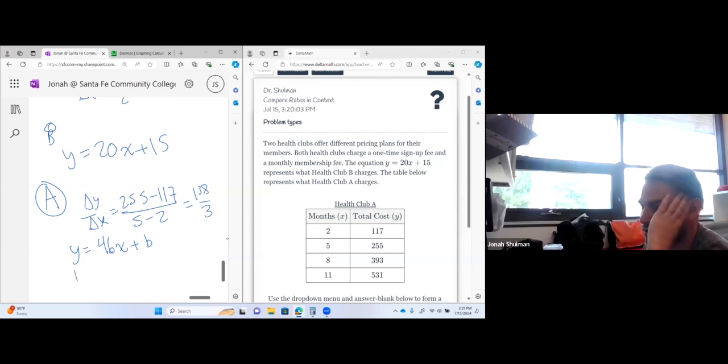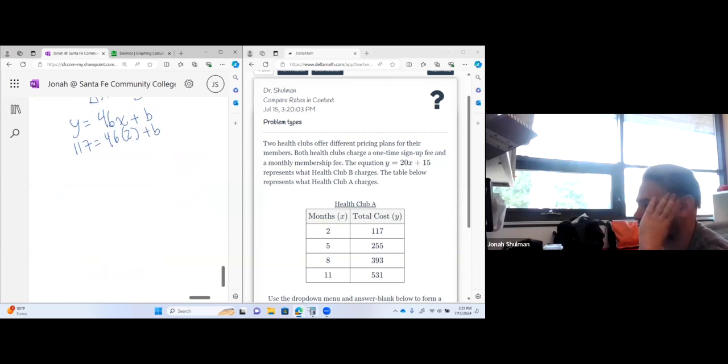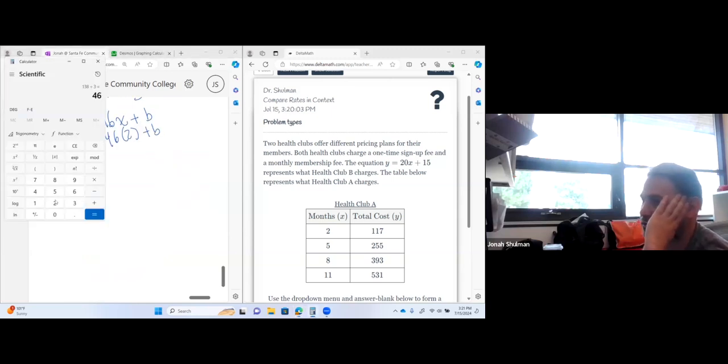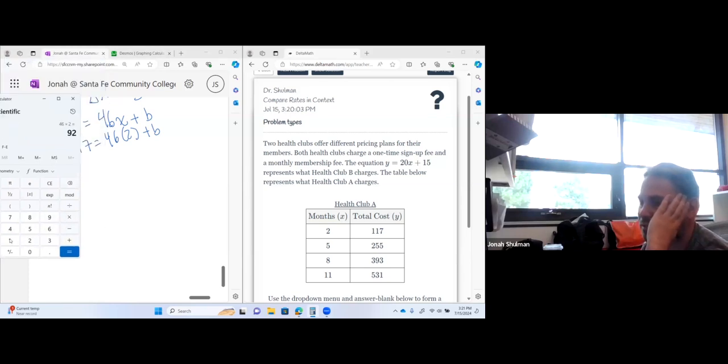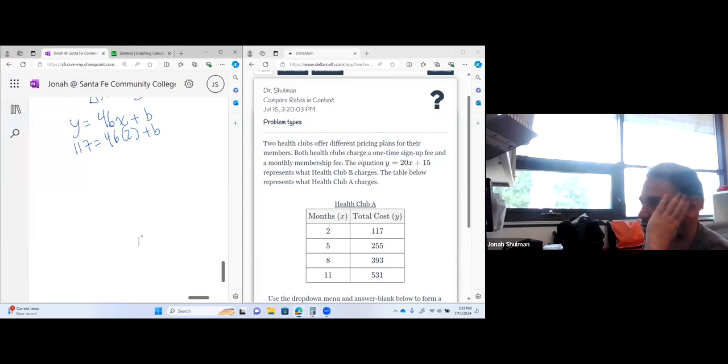So this one's 117 equals 46 times 2 plus b. What's 46 times 2? 92. So 117 minus 92. But we know it's going to be 25.